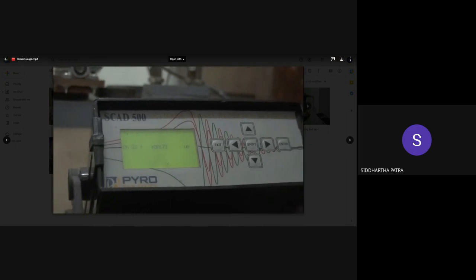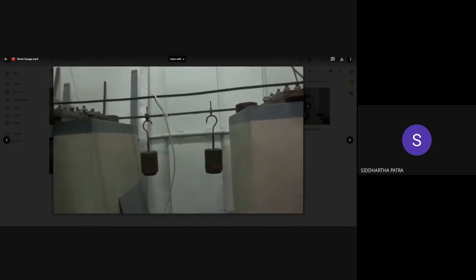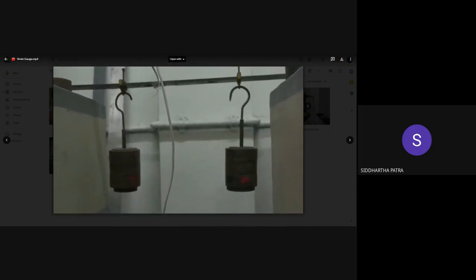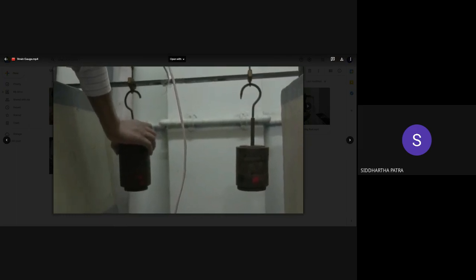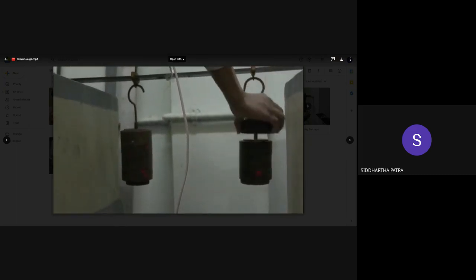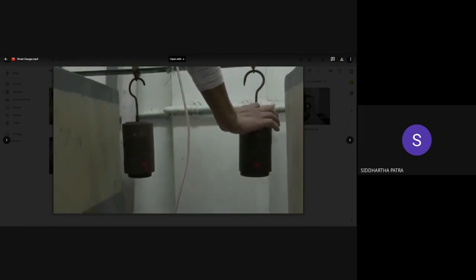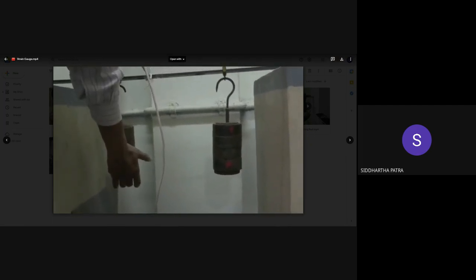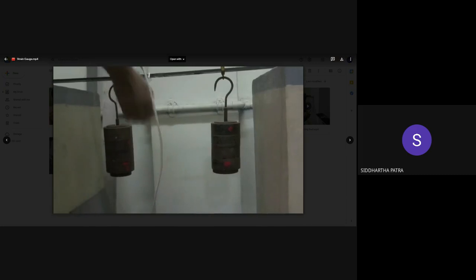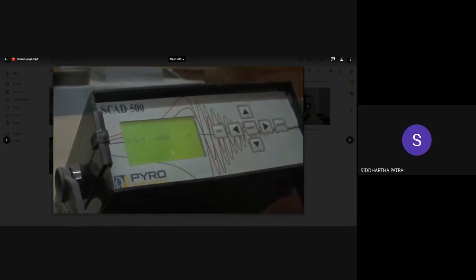The reading is 171. Now the loading is 9 pound at each loading point. The reading is 170.